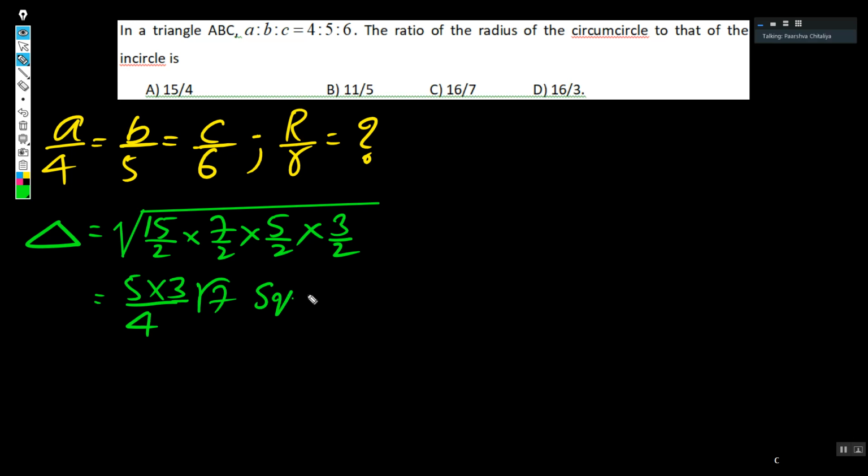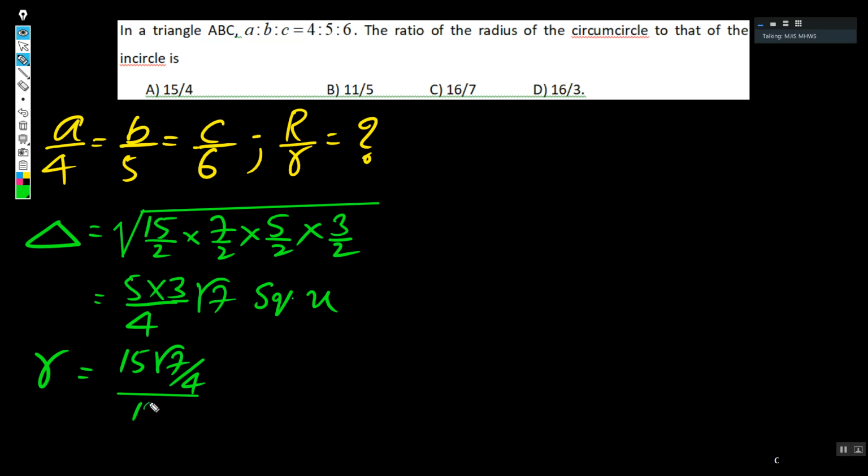So r is equal to delta by s, 15 root 7 by 15 by 2.